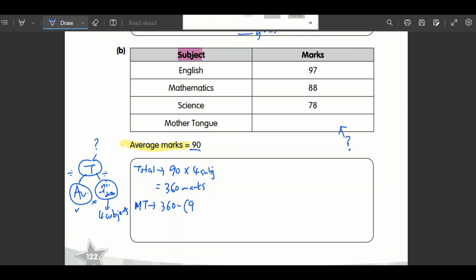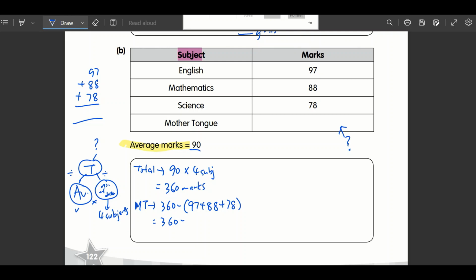Okay, in other words, I could use a bracket and add up the 3 other subjects first. And that gives me, which you see, because of the numbers being a bit huge here, my addition sums are going to be a little longer and tedious.